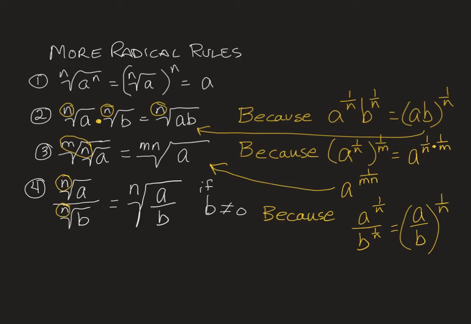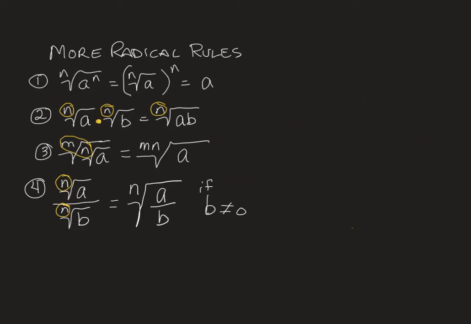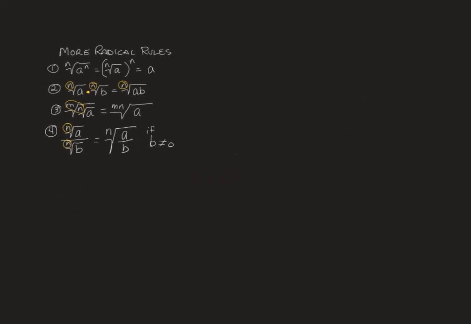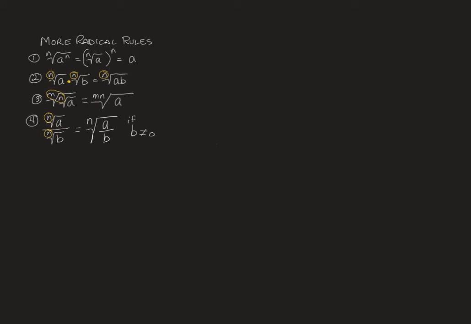Okay, I'm going to clean this up a little bit and make it a little bit smaller and give you some actual examples which will help you understand this. Let's make this smaller. Keep it in place because we will need this. And just to make sure you are familiar with the terms I'm using, here is a radical. The symbol itself is called the radical.